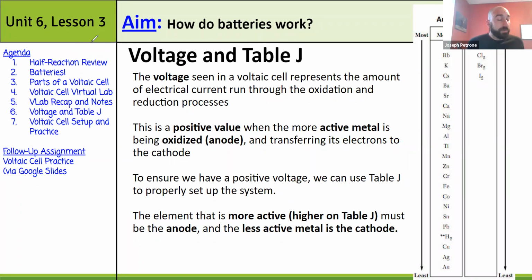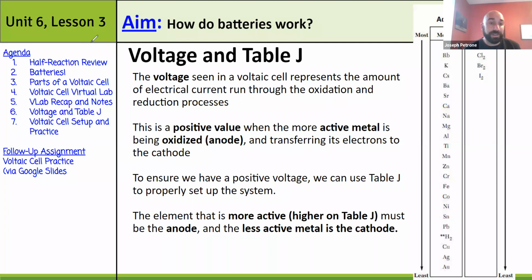You may recall that the cells that you looked at in the virtual lab showed voltage. Voltage, like on a battery, it says like 9 volts or 12 volts or something like that. The voltage that is seen in a voltaic cell represents the amount of electrical current that runs via the oxidation and reduction processes. So when one metal is losing those electrons through oxidation, the other one picks them up through reduction.